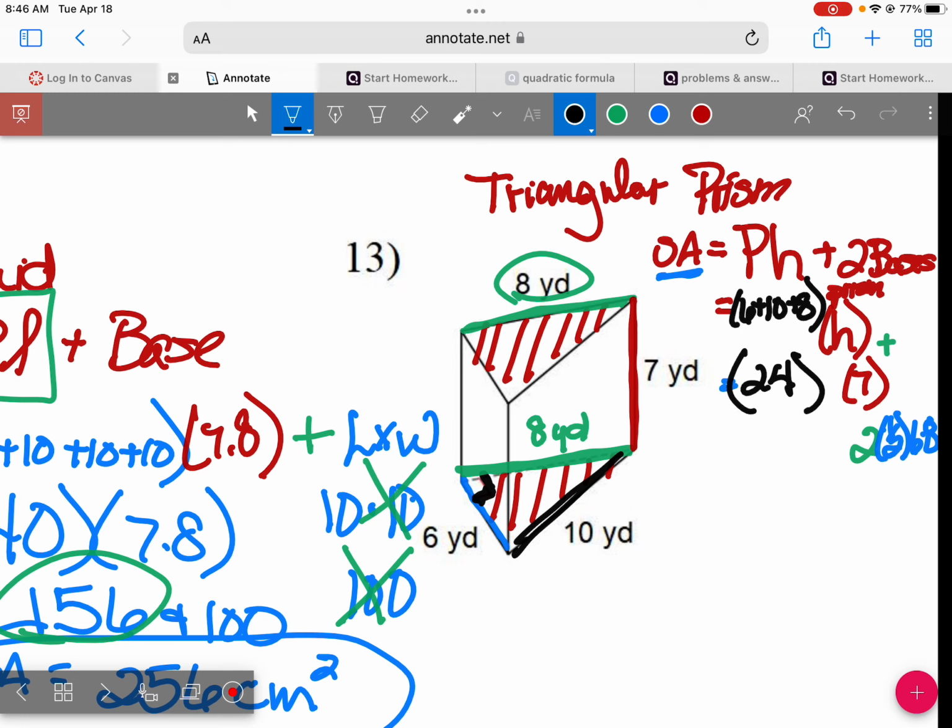That is the height of the prism, plus your 2 bases. Okay. So 24 times 7 is 168, plus half of 2 is 1, and 6 times 8 is 48. That should give you 216 yards squared. That is the surface area.